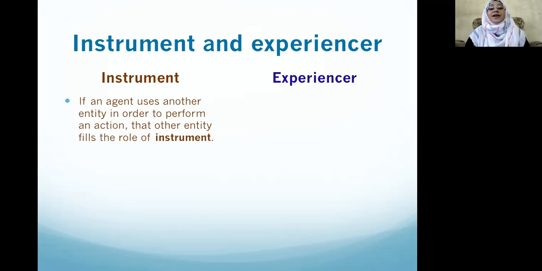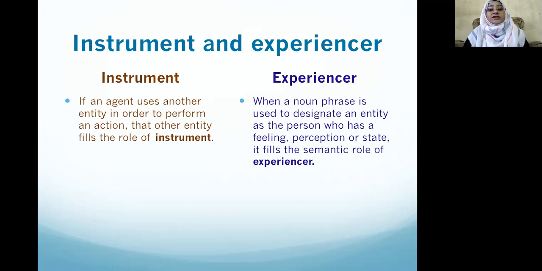Experiencer: when a noun phrase is used to designate an entity as a person who has a feeling, perception, or state, it fills the semantic role of experiencer, right? If any word shows that somebody has this kind of feeling, we call it the experiencer.